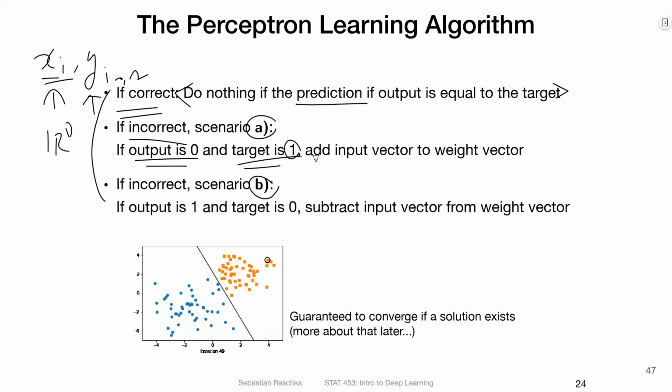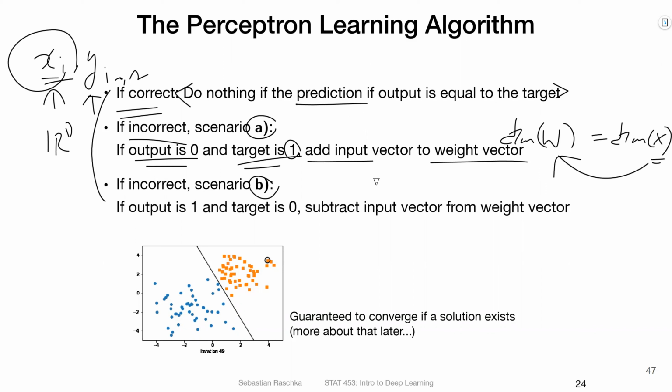Then what we are going to do is add the input vector, xi, to the weight vector. And I mentioned that the weight vector has the same dimension as the input vector. Therefore, we can add this input vector to this weight vector.